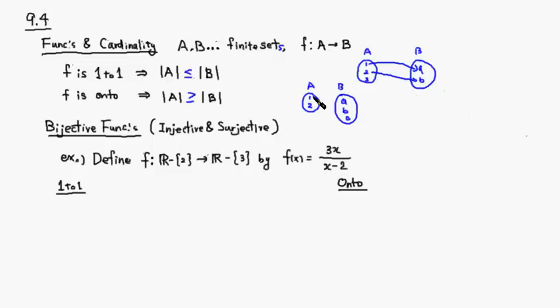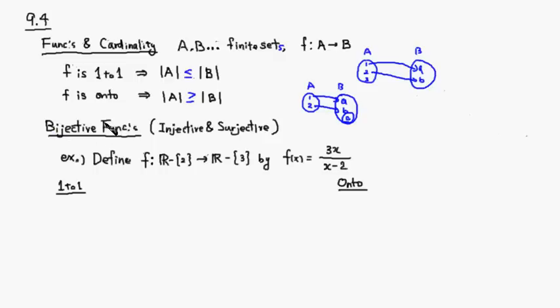So 1 is mapped to A and 2 is mapped to B, but we cannot put any additional mapping because we already have 1 and 2 and nothing else. So you can see that we cannot cover C. Therefore the cardinality of A has to be at least as big as the cardinality of B.